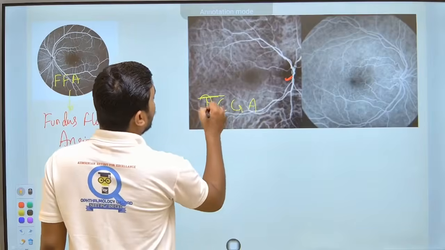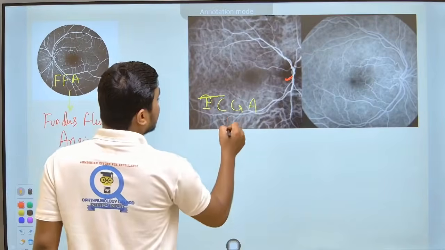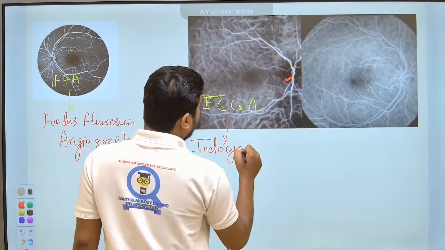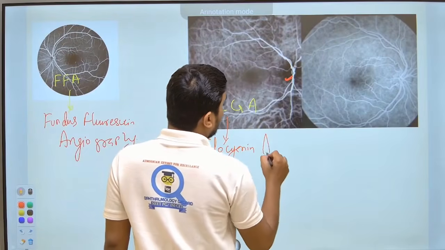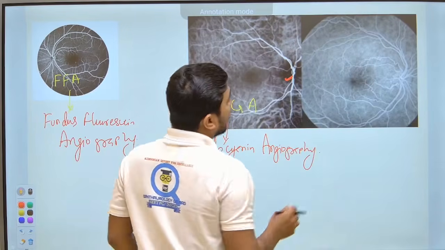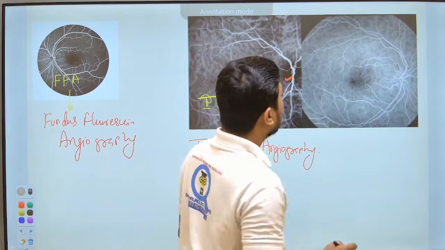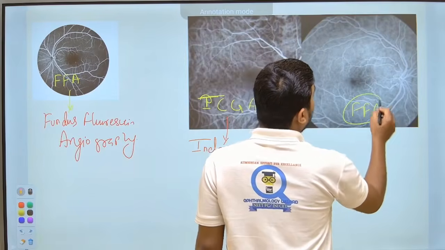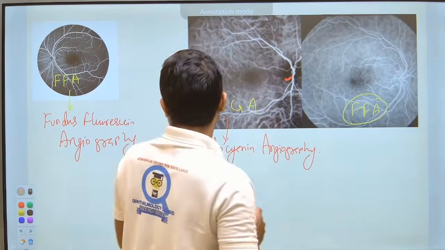ICGA simply means indocyanine green angiography. This picture is also an FFA because the retinal vasculature is more prominent and the optic disc is seen here.